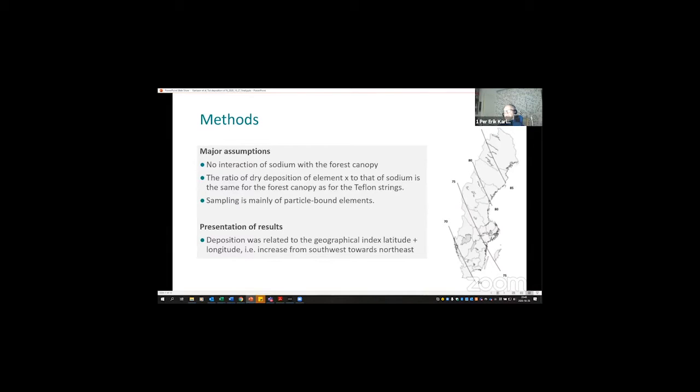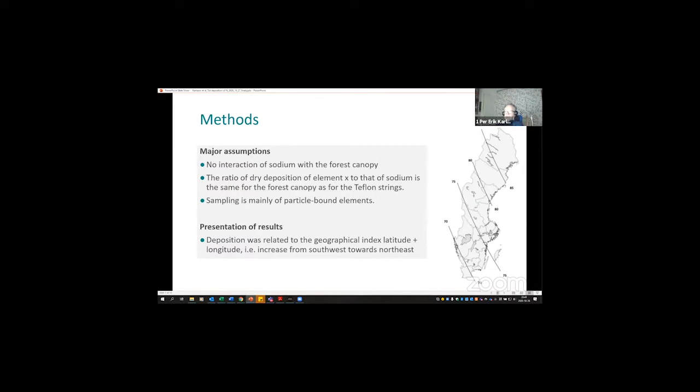And the Teflon strings are, as the name says, made of Teflon, so they are hydrophobic, and they are strings with about 1 millimeter diameter. But we realized that we are mainly sampling the particle bound dry deposition with this method.